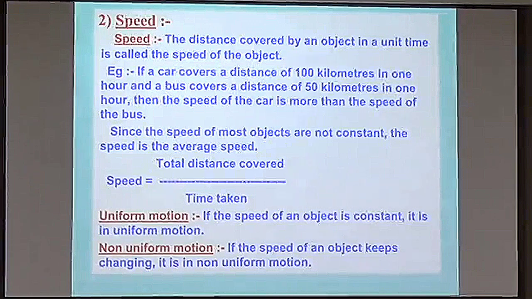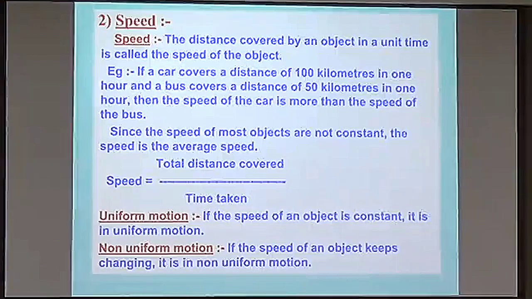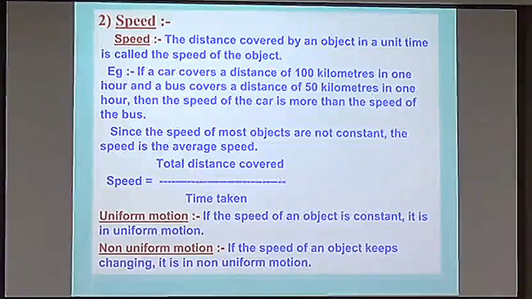Now, the motion which an object is executing can be a uniform motion or it can be a non-uniform motion. So when will we say that the motion is uniform? If an object is moving with a constant speed, its speed remains the same throughout the journey, then the motion is called uniform motion.